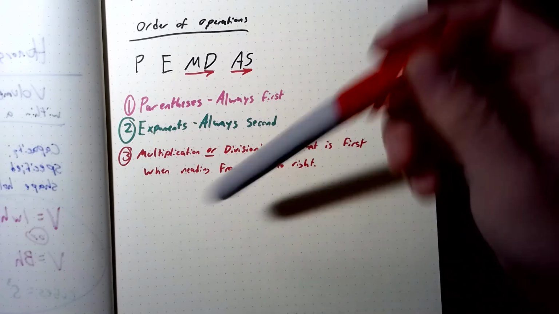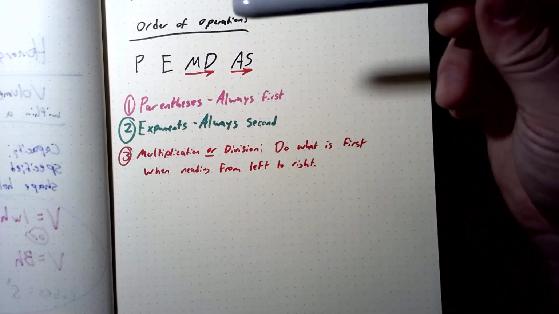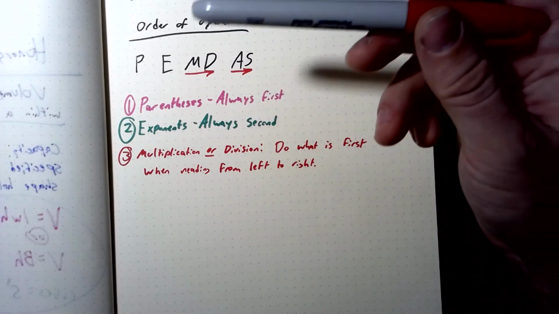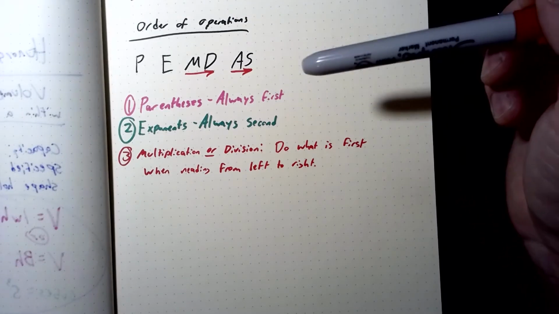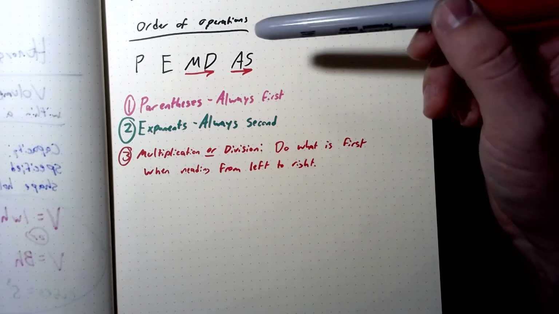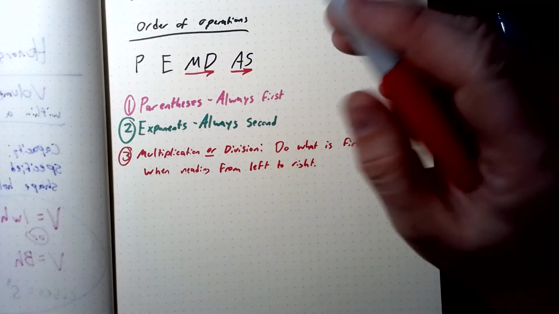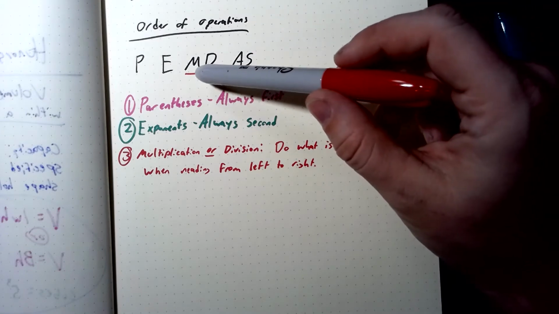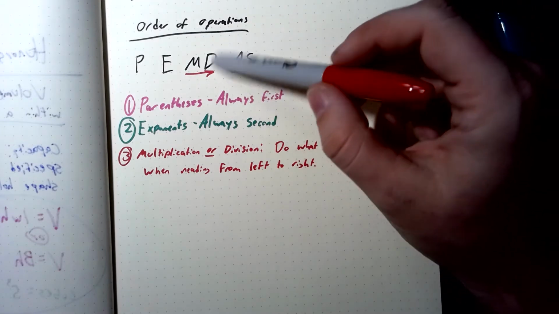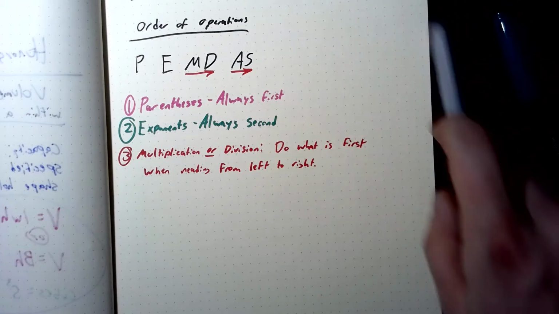In the event that you have a math problem that has, say, 16 divided by 2 times 7, you are supposed to do the 16 divided by 2 before multiplying for that problem. You will not do multiplication first. That's why I group them together and include that little arrow.